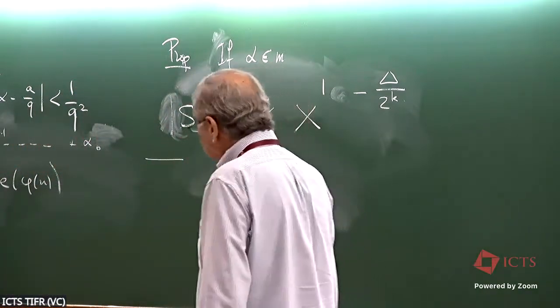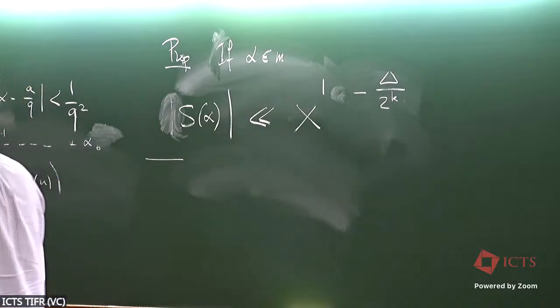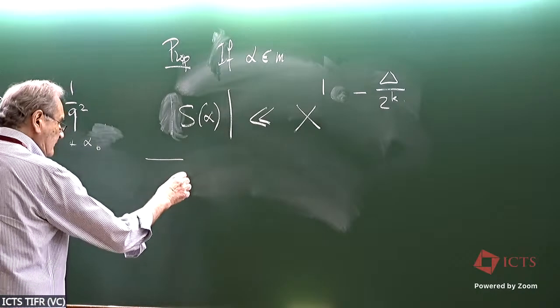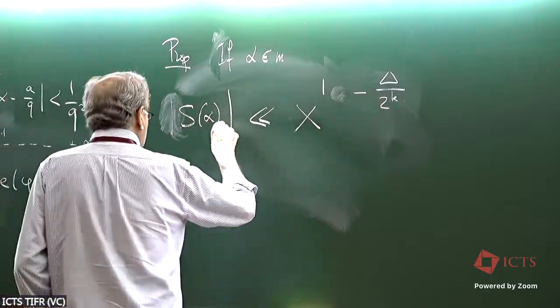So now you see if you take S, you have the following. The integral on the minor arcs, as opposed to the major arcs, is something of this size.